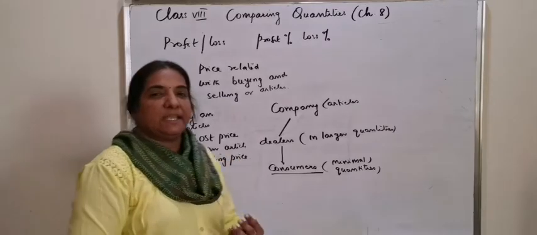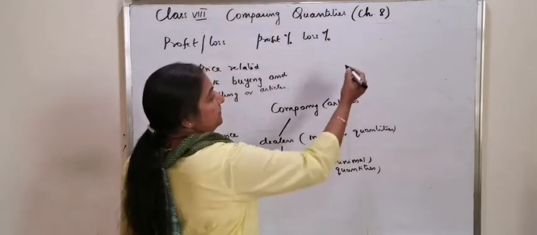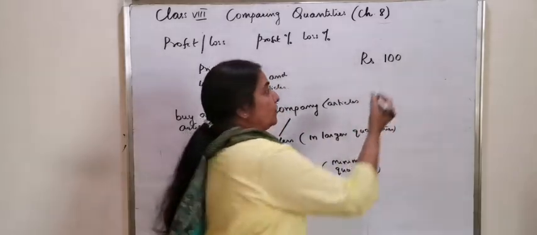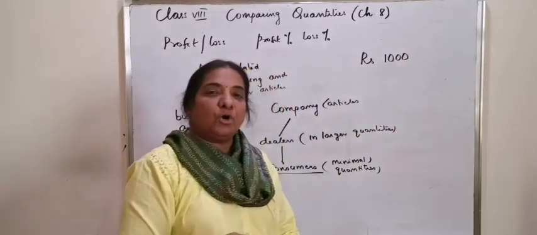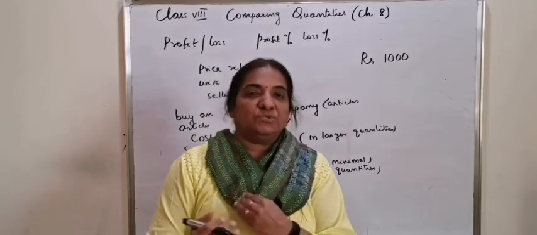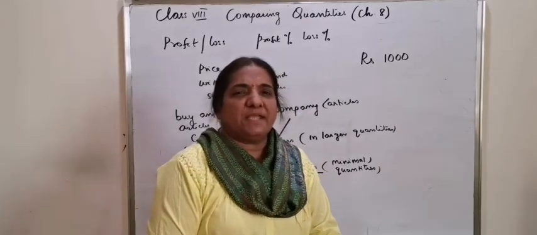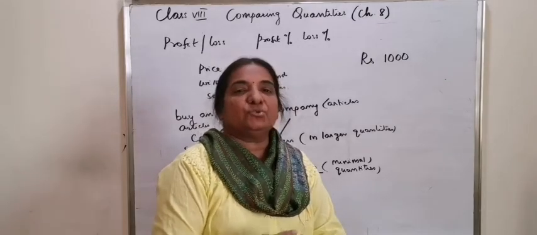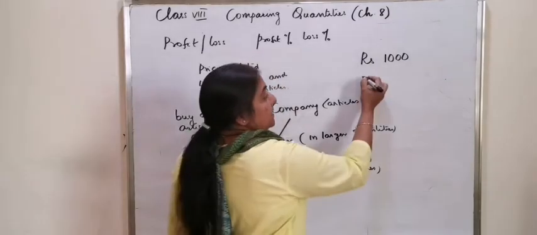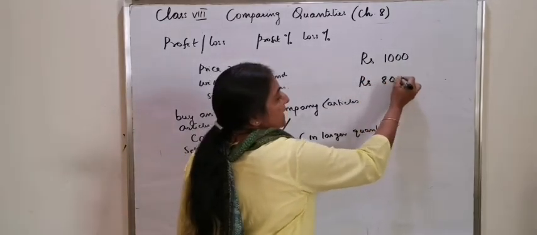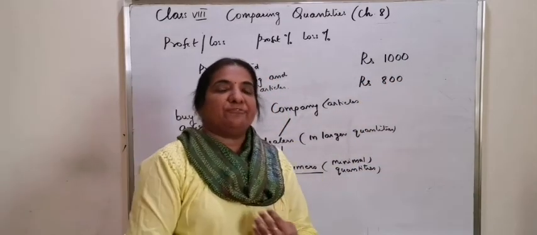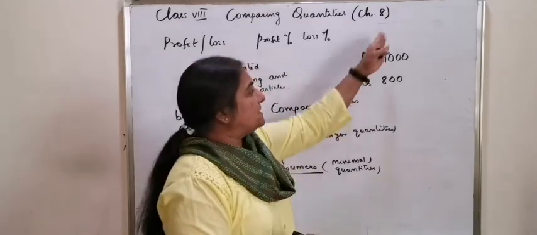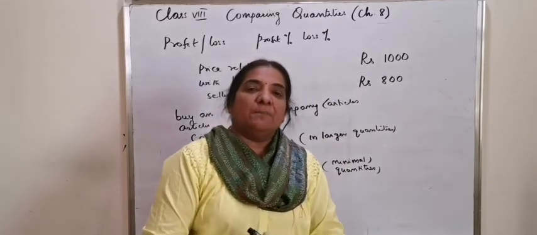As a smaller case, imagine you bought a watch worth rupees 1000. After a few days of using it, you felt like selling it to a person, and you may sell it for rupees 800, because you have a feeling that I used it for a few days, so I will not sell it for rupees 1000. I will keep a few amount less.